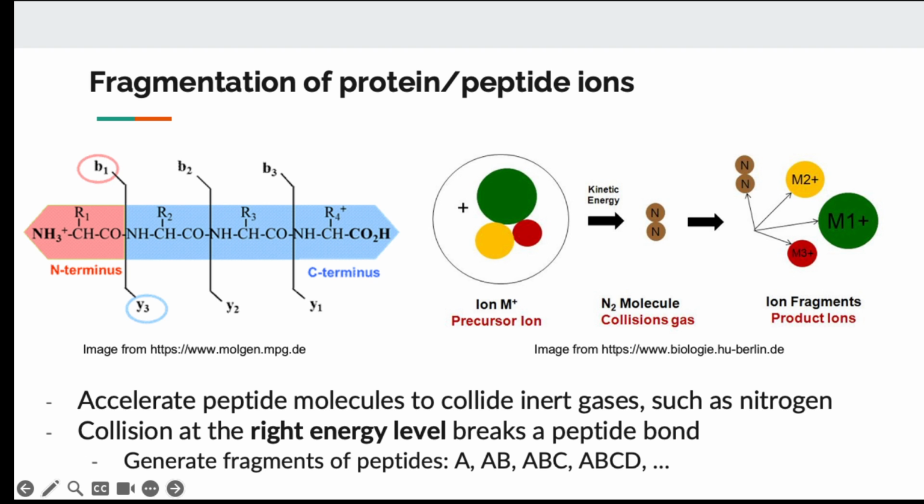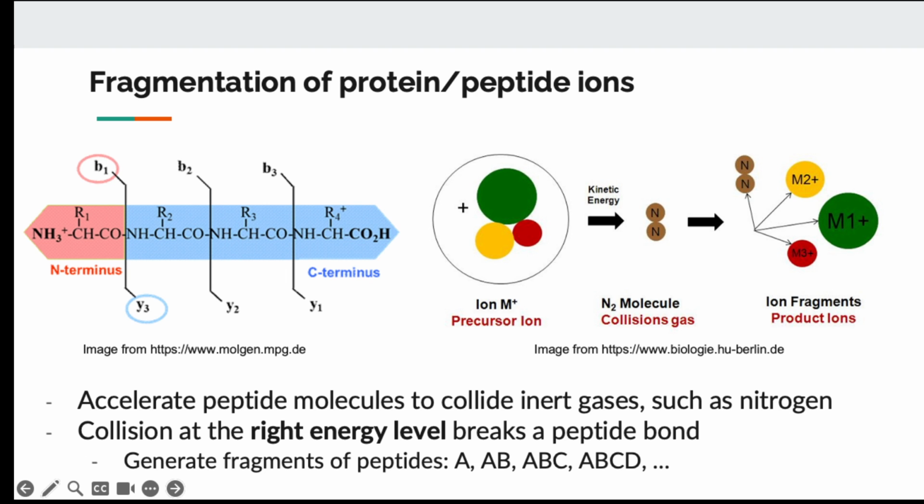If we can introduce the right amount of energy that can break the peptide bond, but not other bonds, because the other bonds have higher energy, then we can create fragments of the proteins that occur only at the peptide bond. And that will create some consistency. If you can break the protein at any molecule, you have so many possibilities. But if you break just the peptide bond, then you can only generate so many different fragments.